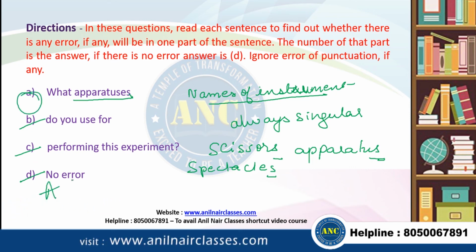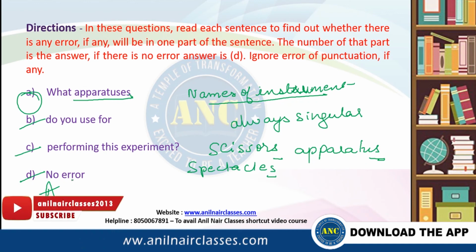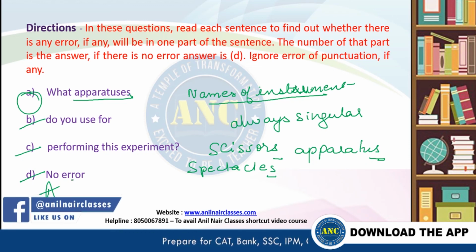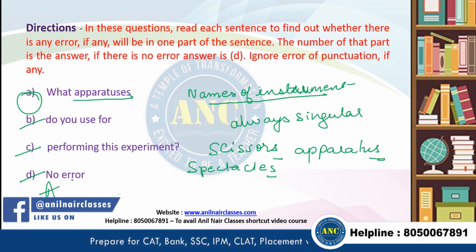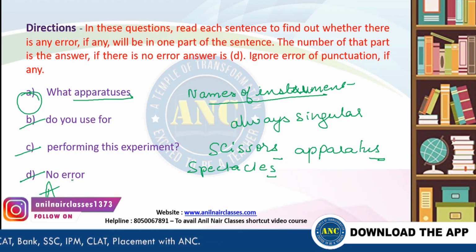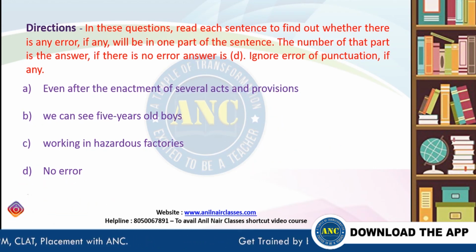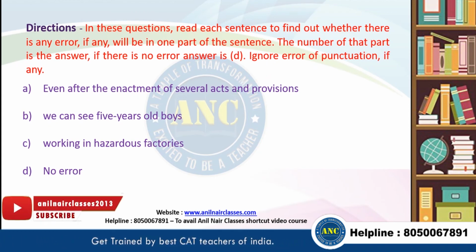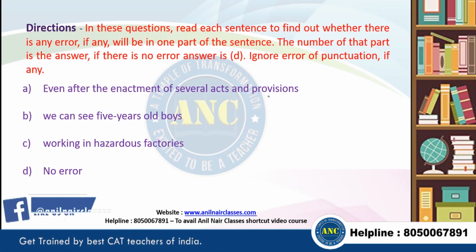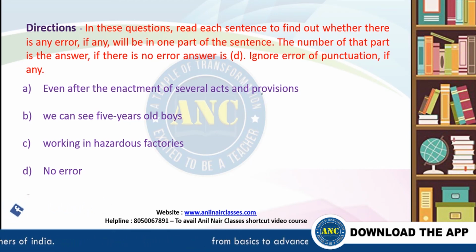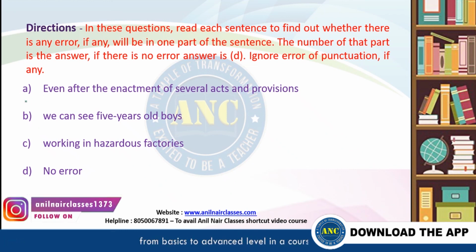The point is, go back to your notes, learn the examples of the nouns which end with S or ES, but are always present in the plural form only, right? We don't have to add S or ES with them. They are as it is in the plural form. Even after the enactment of several acts and provisions, completely fine.